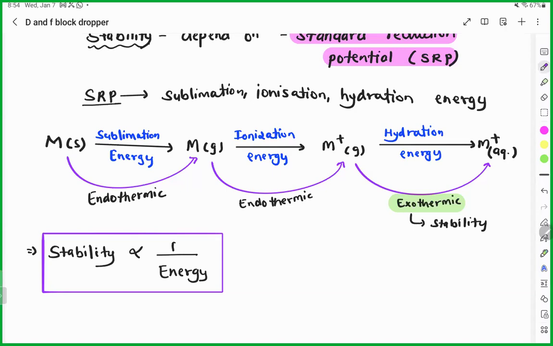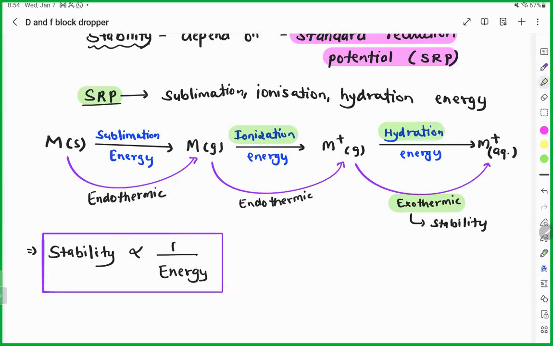Okay. So whenever you want the value of electrode potential SRP, you will always consider ionization and hydration enthalpy. Sublimation we don't consider in many cases, but ionization energy and hydration enthalpy are the two important criteria.